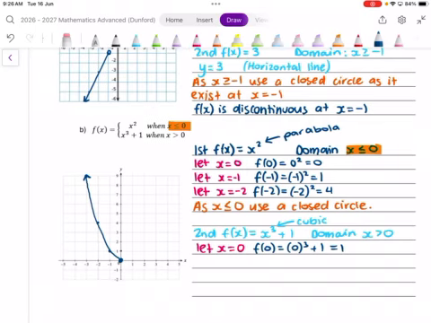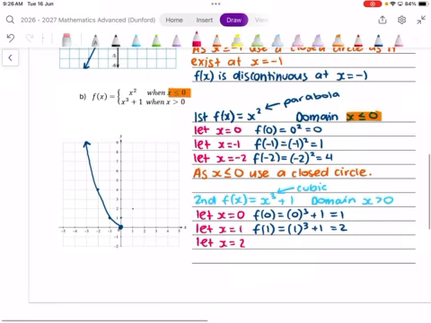And then if we let x equal 1, f of 1 equals 1 cubed plus 1, which is 2. And if we let x equal 2, we have f of 2 is equal to 2 cubed plus 1, which is 9, because 2 cubed is 8, plus 1 is 9.